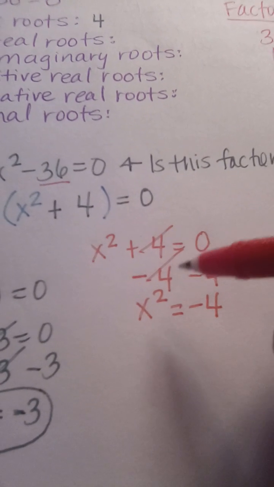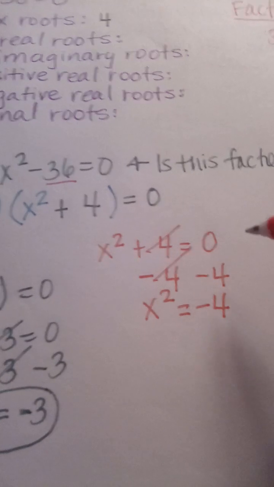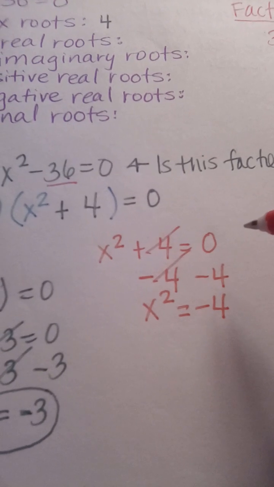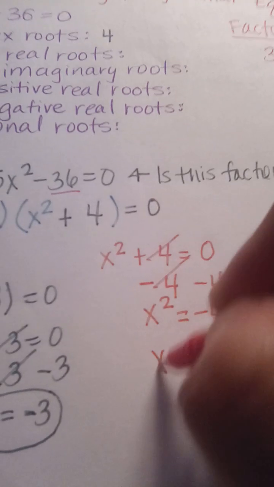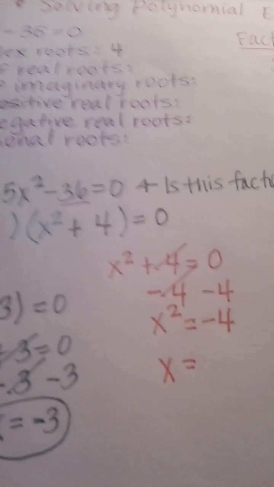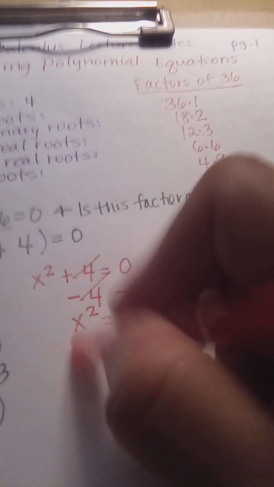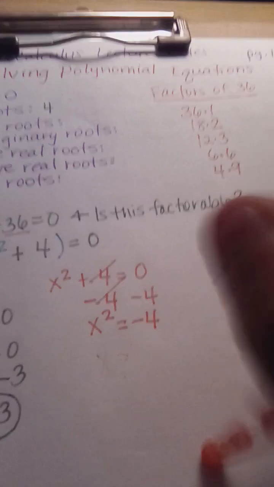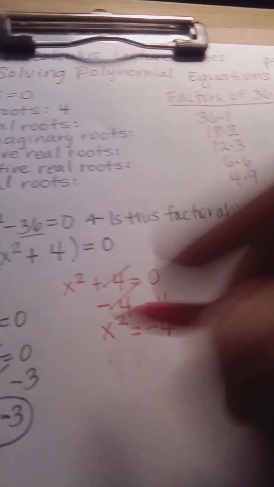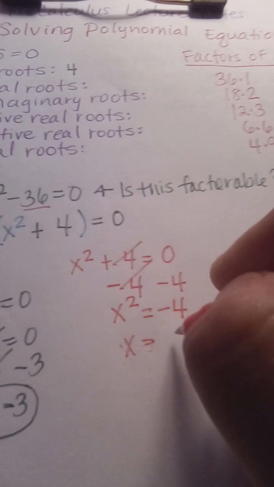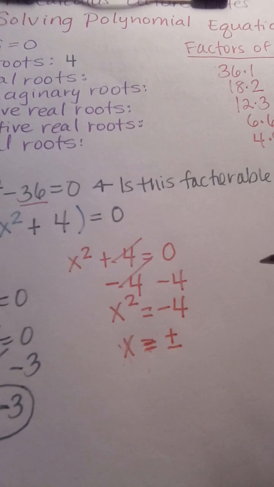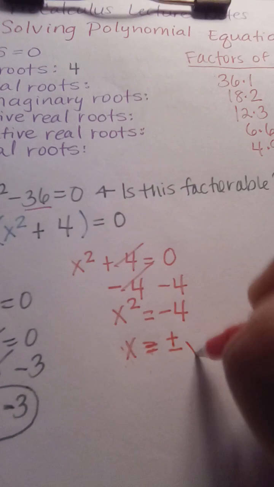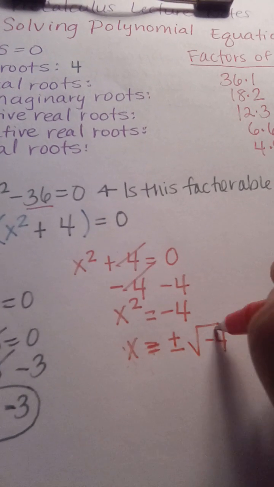All right. You have x squared equals negative 4. In order to get x by itself, we have to do this. The x equals, remember imaginary numbers? Okay. Remember imaginary numbers. All right. Plus or minus the square root of negative 4.